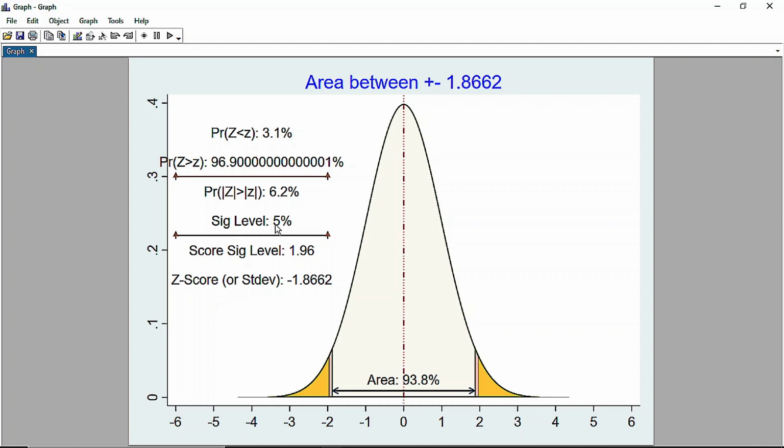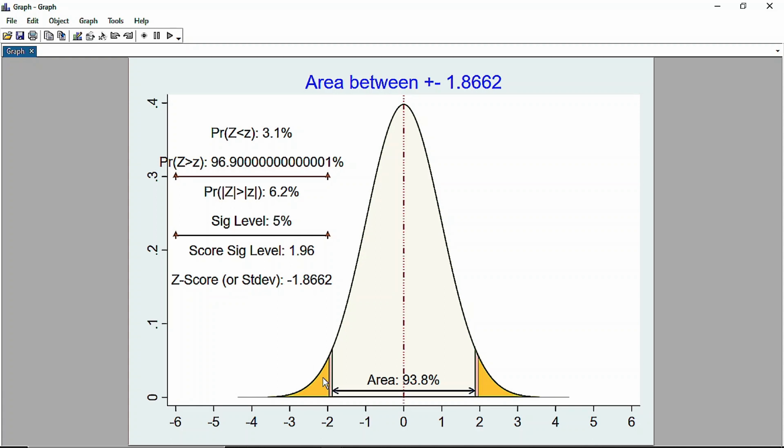The significance level we have taken to be 5%, and for this 5%, the z score is 1.96. In other words, at the 5% significance level, the excluded area lies beyond plus minus 1.96. The area marked by this yellow color is 2.5%, and on the right we have another 2.5%, which adds up to 5%. This is a kind of threshold.